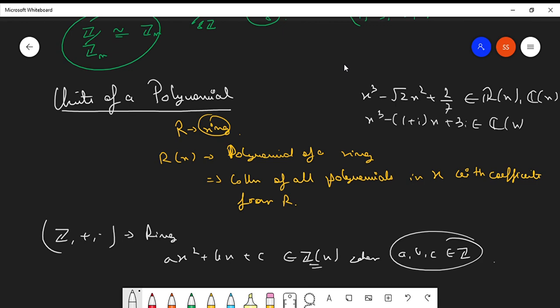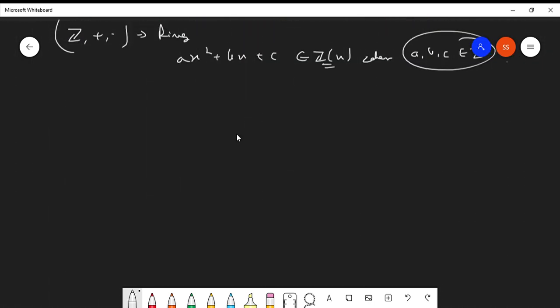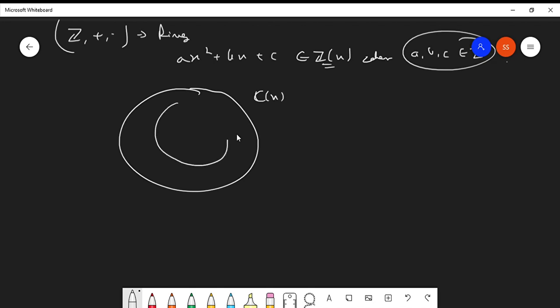Just keep this in mind and you will easily understand. You have the complex ring of polynomials, then the real ring of polynomials, then the rational ring of polynomials, and inside you have the integer ring of polynomials.